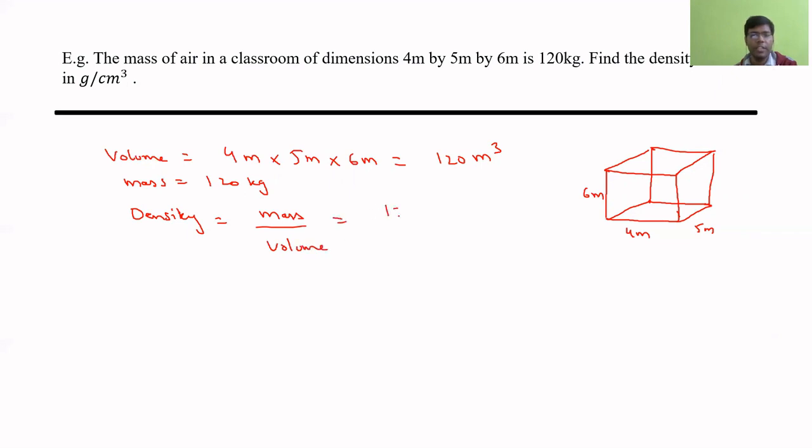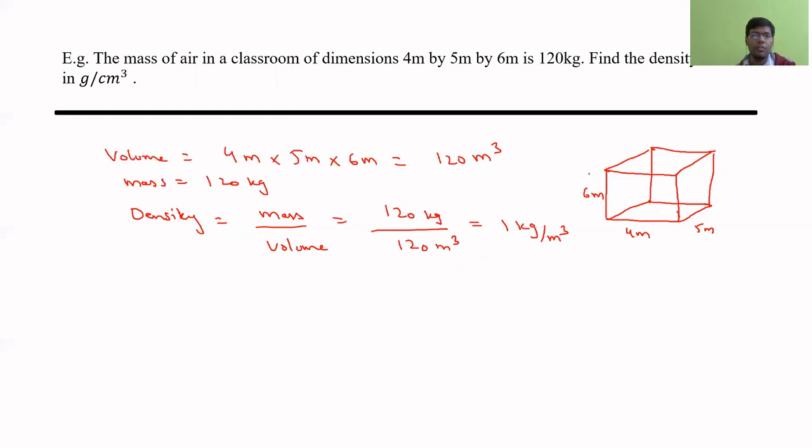So my mass is 120 kg by, very important to write units, otherwise we'll land up with a wrong answer, 120 meter cube. So this will give us nothing but 1 kg per meter cube. So that's the density of the air in this classroom.